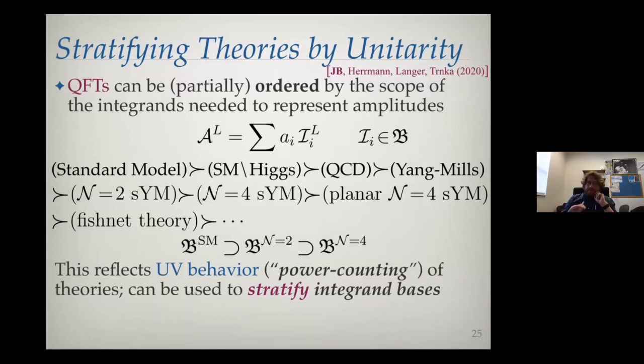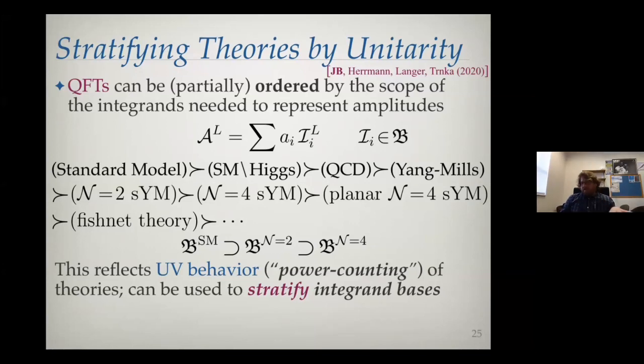And it's exactly in this sense that the basis required for the standard model, that we just saw how to construct, is a bigger basis than what we need for N=2 super Yang-Mills, is a bigger basis than what we need for N=4, etc. And it's this partitioning of a basis into these kind of slices, these subspaces that represent theories that behave better than other theories, that turns out to be a very interesting and very subtle, and I would say mostly unanswered question. But I'm going to put forward one proposal here.